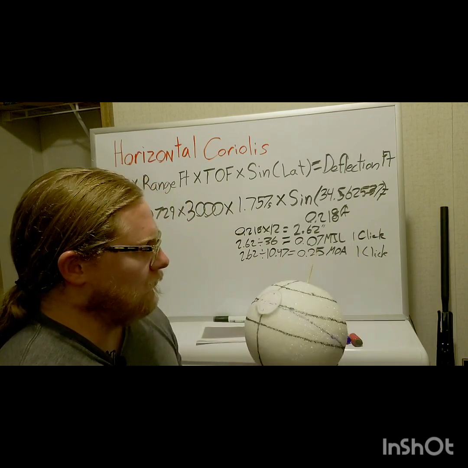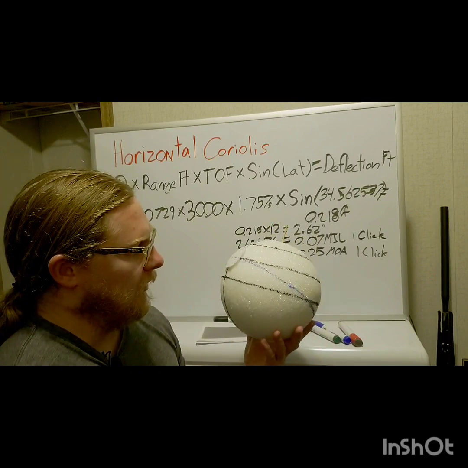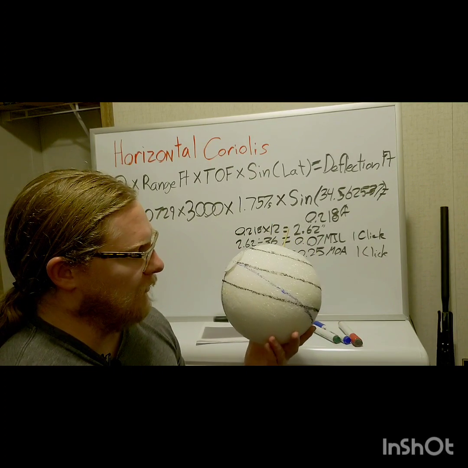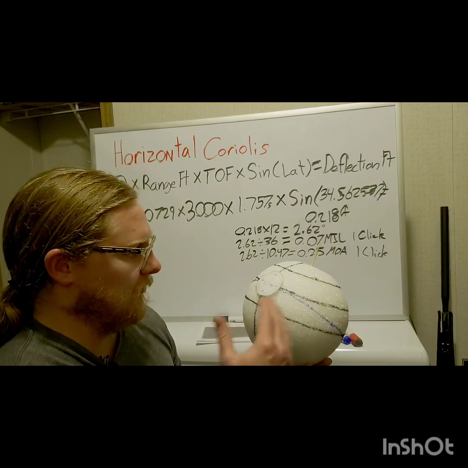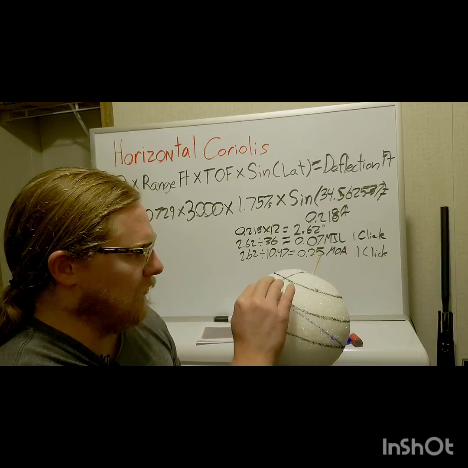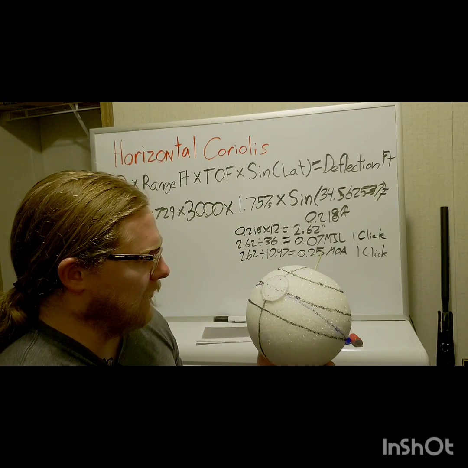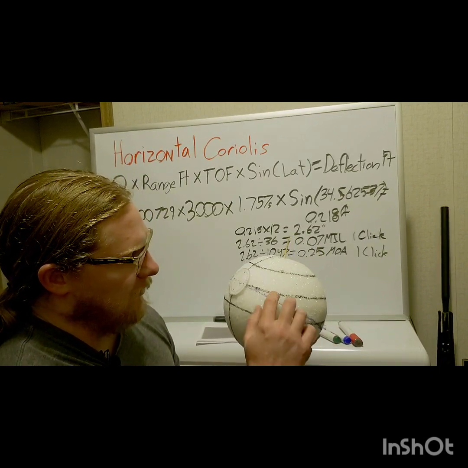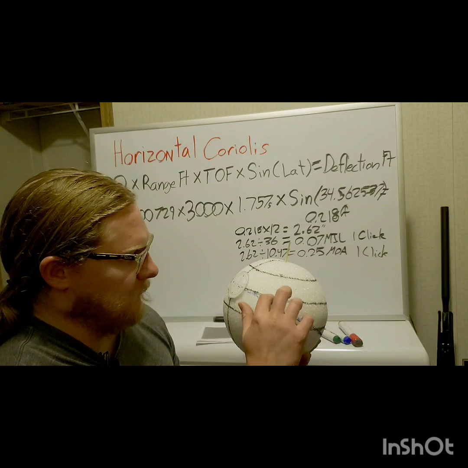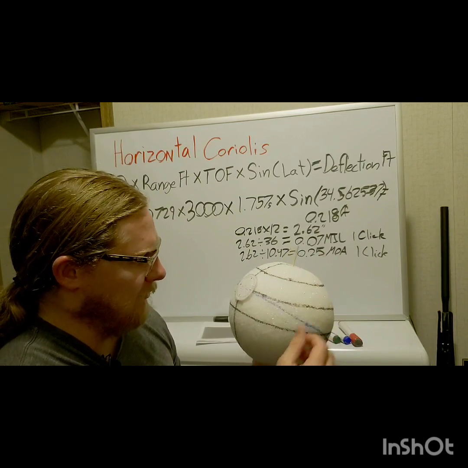So here I have our Earth, and obviously it's not green and blue and all that stuff, but this is more for demonstration purposes. We have a foam ball with some lines on it. This is going to be your equator line. This is a latitude line just for reference, and another latitude line.